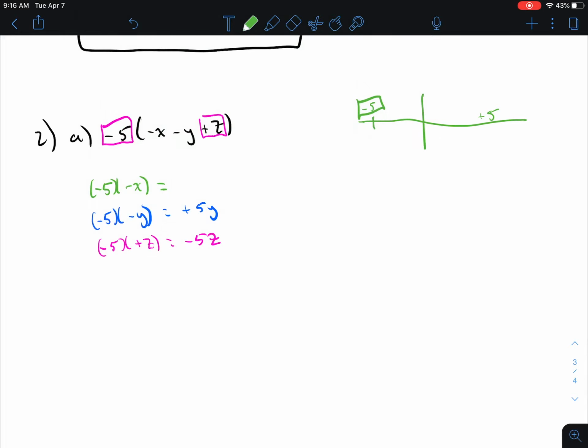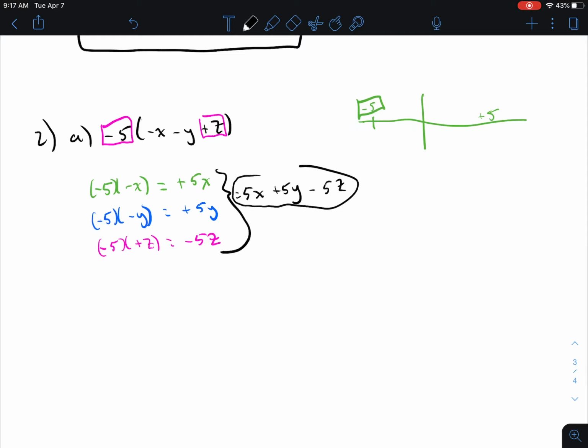And then I'm going to go to the green one. Negative 5 multiplied by negative x. Well, 2 negatives again make a positive. And then it's 5 times x. So it's 5x, right? Your final answer here is going to be a combination of all three of these. So you're going to go 5x plus 5y minus 5z.